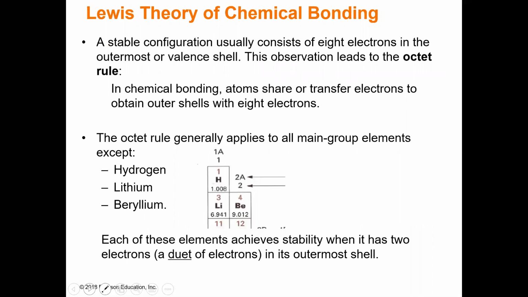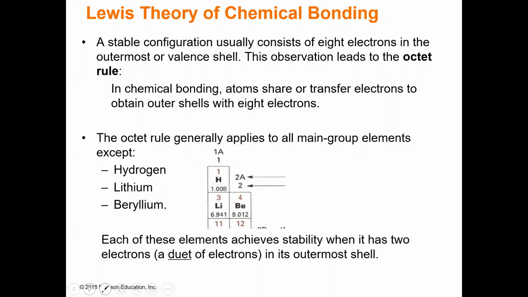So a stable configuration usually consists of 8 electrons in the outermost or the valence shell. This observation leads us to see that most atoms will want to follow the octet rule. So that is that in chemical bonding, atoms will share or transfer electrons to get an outer shell that will have a total of 8 electrons. Again, there are some exceptions. Helium, we saw, by itself follows a duet.